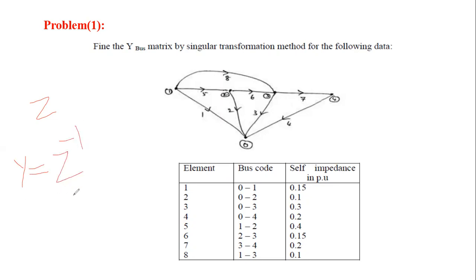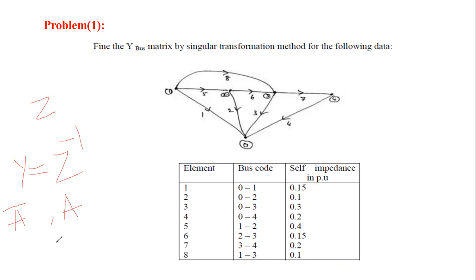After forming Y, the Z inverse matrix, then we obtain the A bar matrix, that is the element node incidence matrix. After forming the A bar matrix, we form the A matrix.